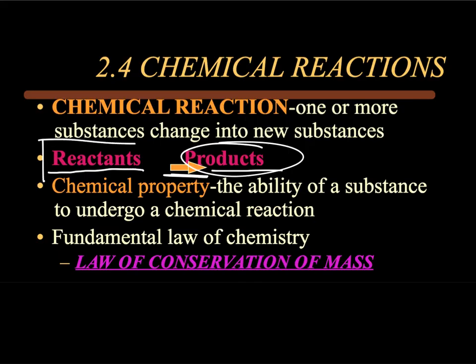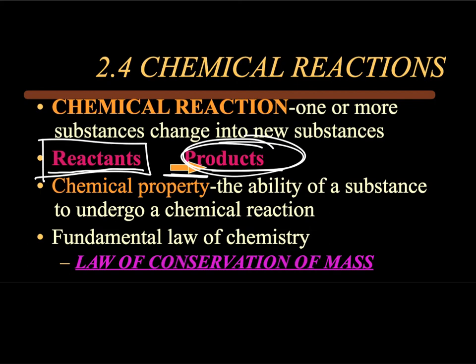The reactants, those atoms, are going to rearrange themselves, and then they're going to make something new, which we call the products, all right? So you see something new being formed, that's how you know it's a chemical change.